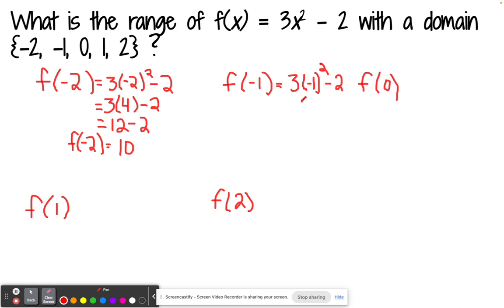Negative 1 to the second power is positive 1. 3 times 1 is 3 minus 2. So f of negative 1 equals 3 minus 2, or 1.